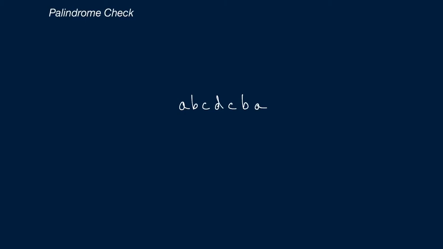We'll start with a pretty straightforward way, and you might have even come up with it yourself right now, and that's to basically create a new string that's going to be the reversed version of our input string. So we're going to build it up backwards, and then compare that new string to the input string and just see if they're equal to each other. And that will basically tell us whether or not our input string is a palindrome.